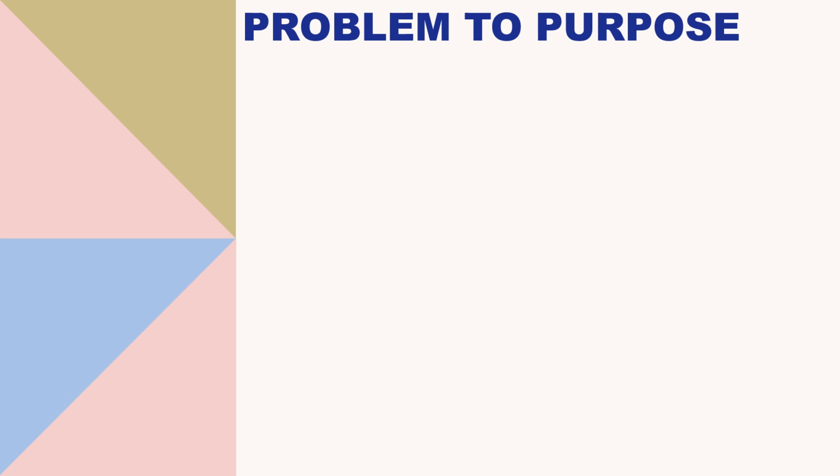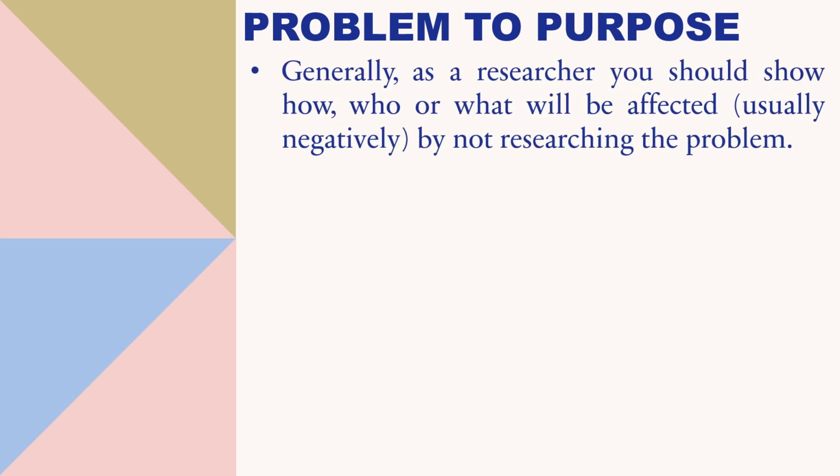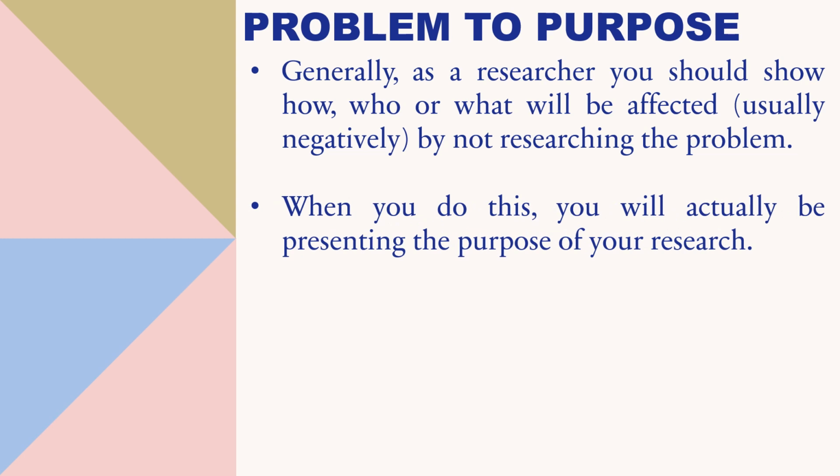So even when you have pointed out what the scholarly community is missing, what it is risking, and the implications, it is very important to remember that when you show how, who, what will be affected, usually negatively, by not researching your problem, it will be leading you to presenting the purpose of your research.